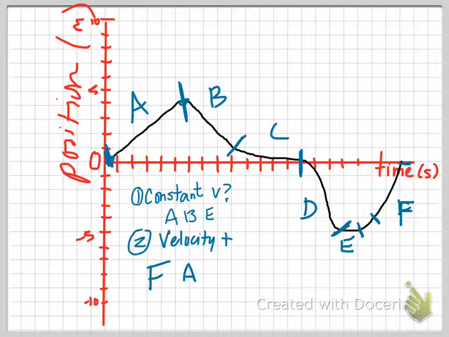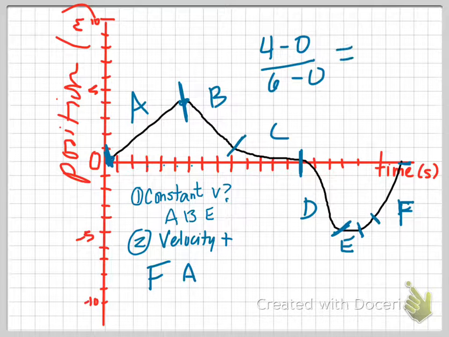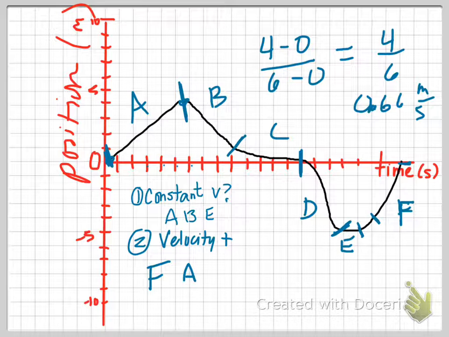It's origin, so we'll say 4 minus 0 over 6 minus 0. So the slope of that section is approximately 2/3, about 0.66, in meters per second. Pretty slow. Pretty creepy little object. But it's a positive velocity because in each case, our final is larger than our initial.